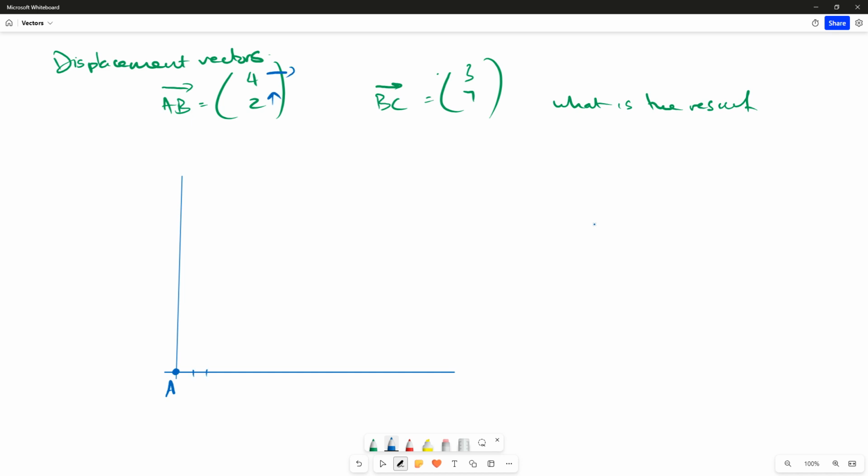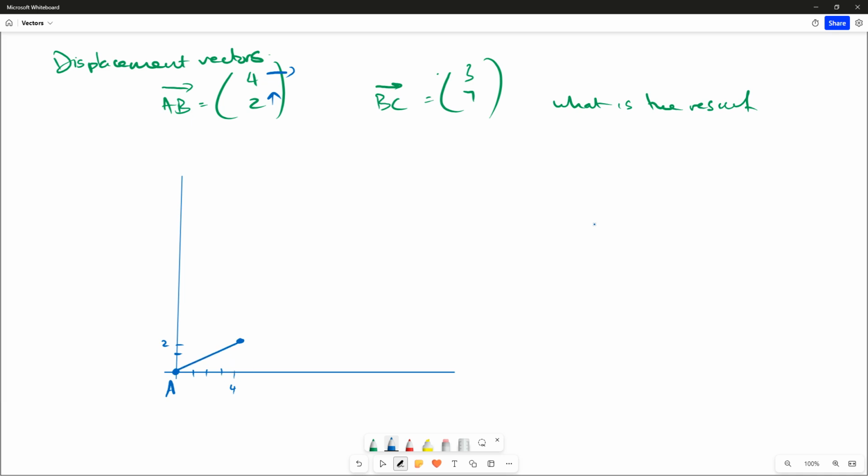That's going to be 1, 2, 3, 4, and 1, 2 up. Then this over here will be creating vector AB. Okay, and then vector BC goes (3, 7) after that.